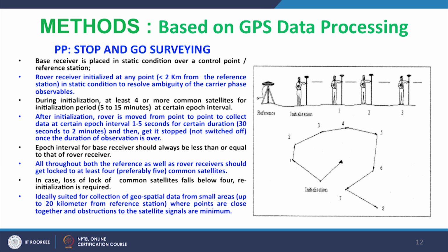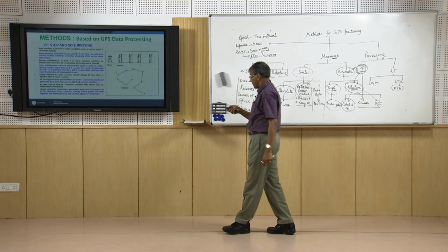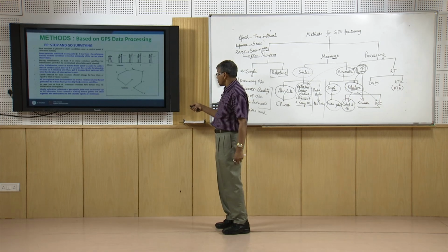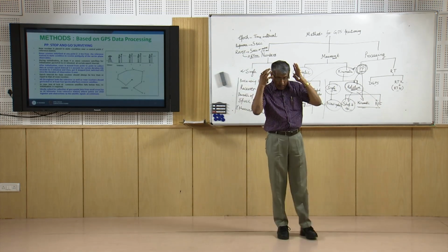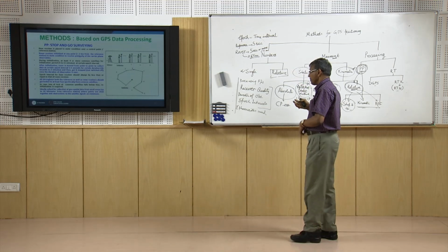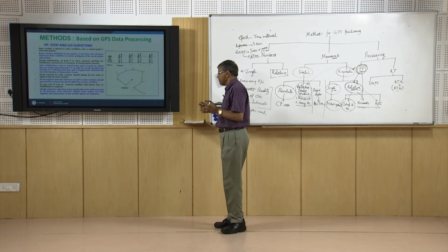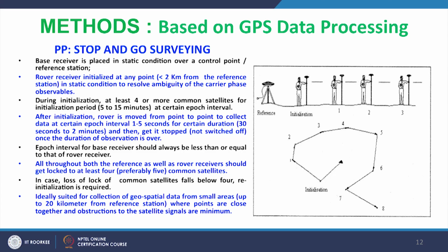Then for 5 to 15 minutes, depending upon the nature of the project, they should take signals from at least 5 identical satellites. This process is known as initialization.